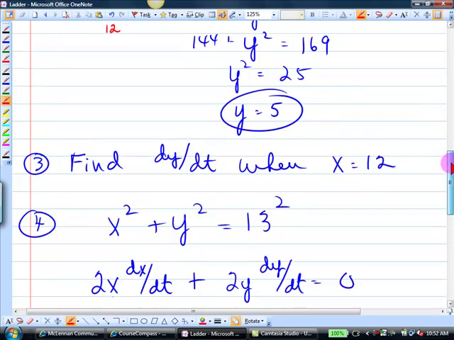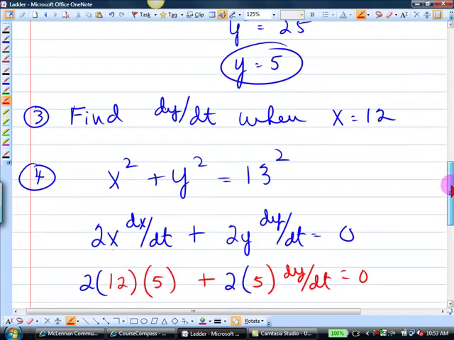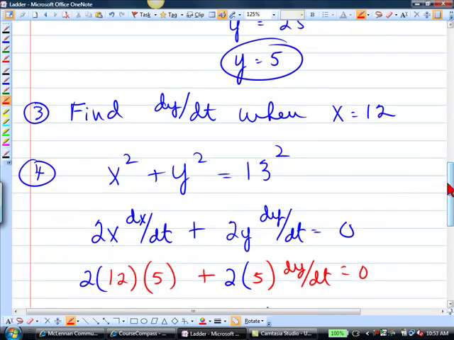When you take the derivative of that, remember we're doing implicit differentiation with respect to t. So 2x dx/dt plus 2y dy/dt equals 0. At that point, we have all those pieces to plug in. We know x is 12. We know dx/dt is 5.